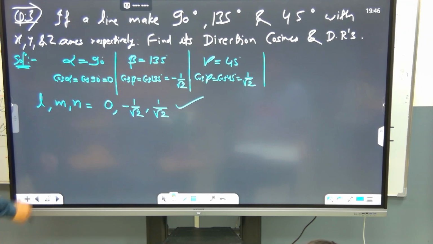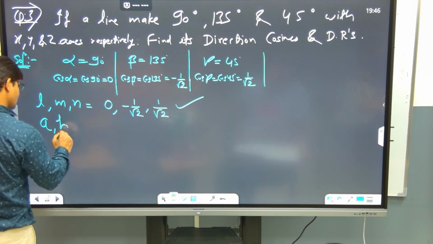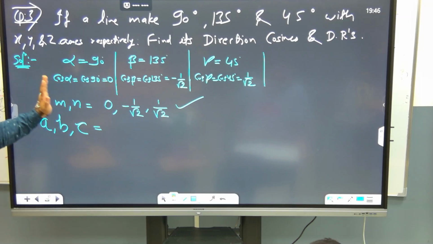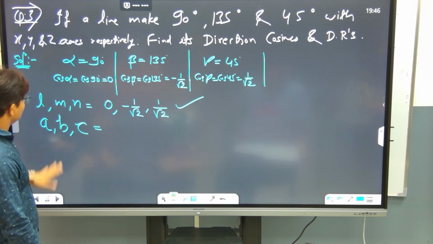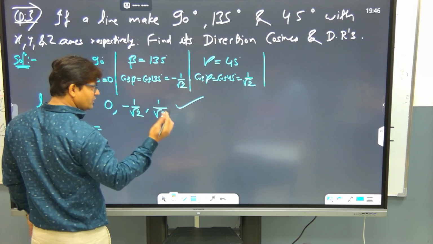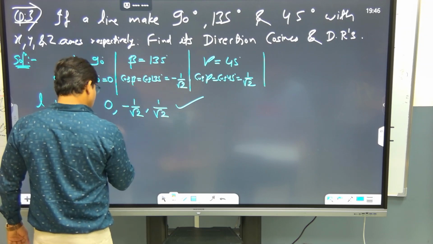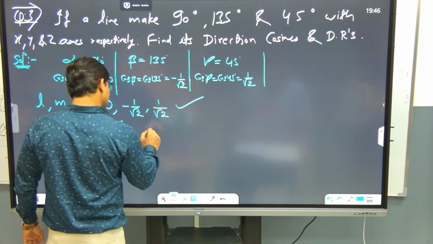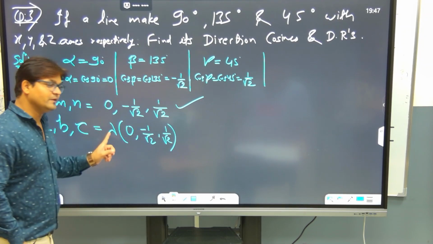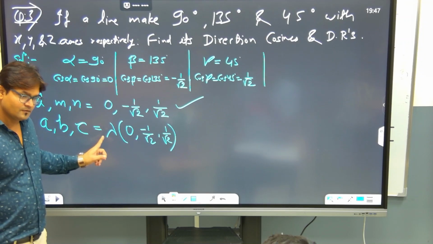What about the direction ratio a, b, c? Now check. For a, b, c, we have infinite direction ratios, direction numbers. So by this concept we can multiply these values by any lambda: 0, minus 1 by root 2, and 1 by root 2, where lambda is a scalar.